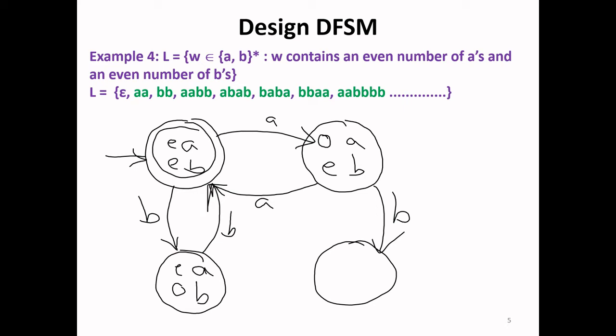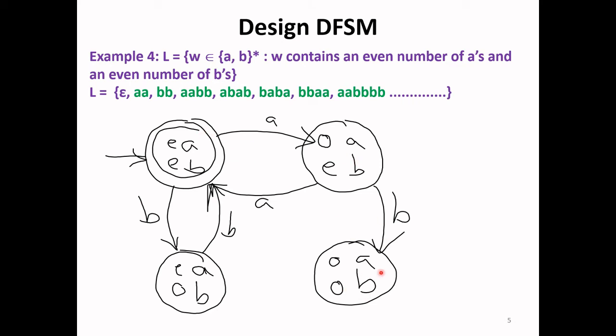It means odd A's, that is only one A, and odd B's. So as you see here, 1A, 1B. So while reaching here, you have 1A and 1B.